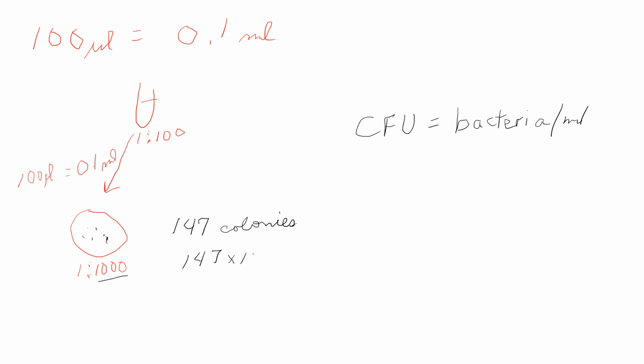So that times 1,000, and you end up with 147,000. This is bacteria per mil, or CFU per mil. That's how you calculate. That's all it's asking you to do at the top of page 3.